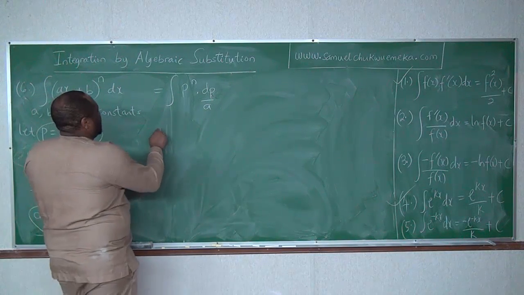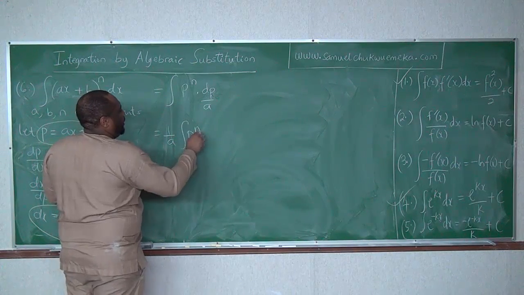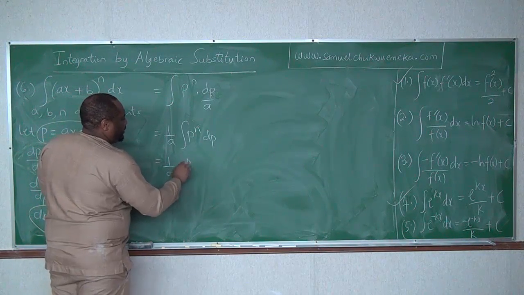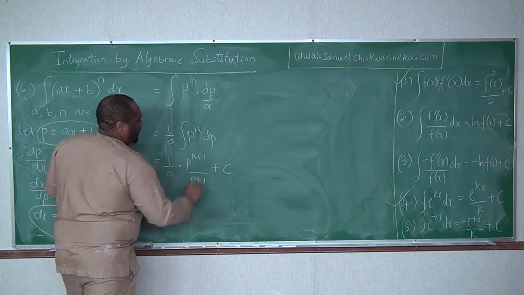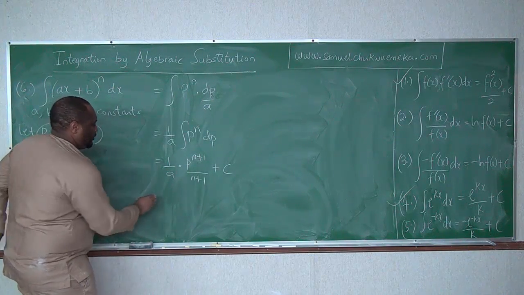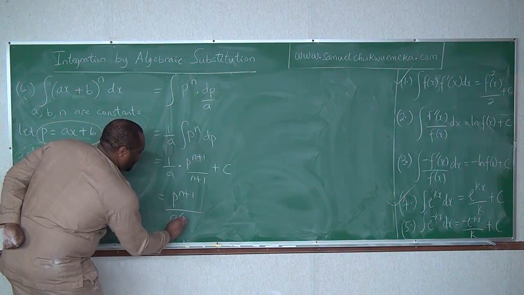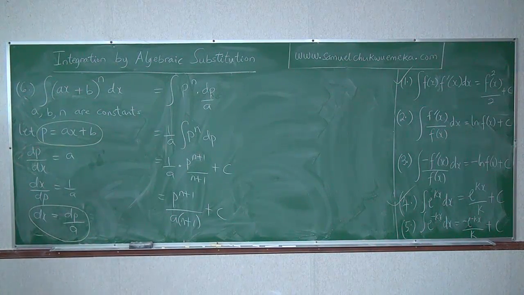So this gives us now 1 over a integral of p raised to power n dp, which is 1 over a times p raised to power n plus 1 all over n plus 1 plus c. Plus c, we put the arbitrary constant. So this will now be p raised to power n plus 1 over a times n plus 1 plus c. There you go. And that gives us number 6.